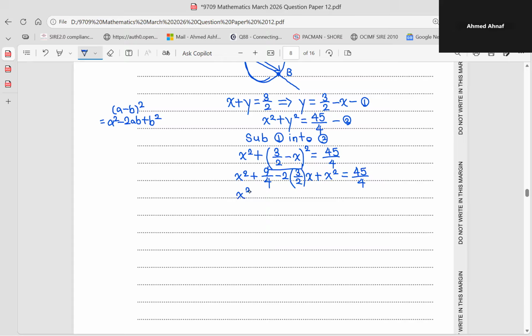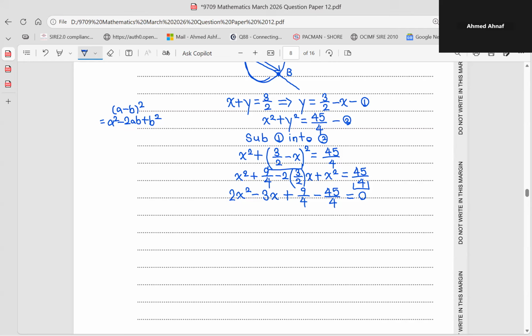Then you get x squared plus x squared, that's 2x squared, minus 2 times 3/2, that is minus 3x, plus 9/4. And then you also move this 45/4 to the other side because it's a quadratic equation, equals 0.